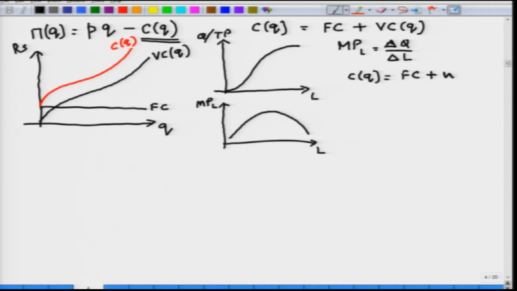So, let us say the wage rate is W and I multiply that by the number of labor hours, which is dependent on the number of units of output that I want to produce.